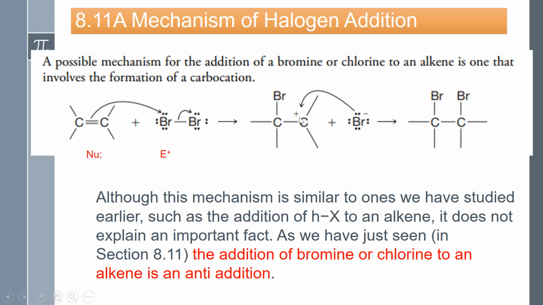So once you get your carbocation here, the other bromine, since it takes all the electrons with it, will become negatively charged, and an electron pair here will then attack this. This becomes our nucleophile, and again, this becomes our electrophile. This will attack here.